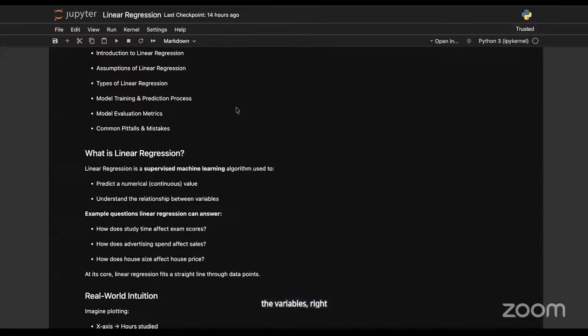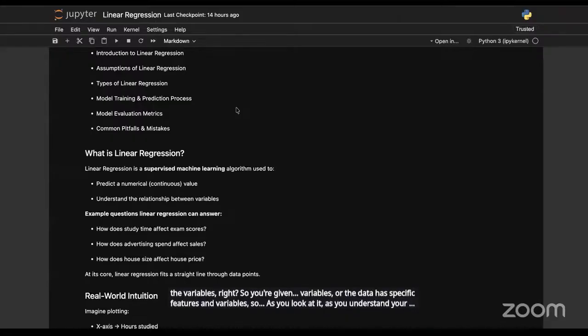The data has specific features and variables. As you understand your data, from what we have learned up until now, you draw up those statistics, work out the correlation and so forth, and you want to understand the relationship between these different variables.